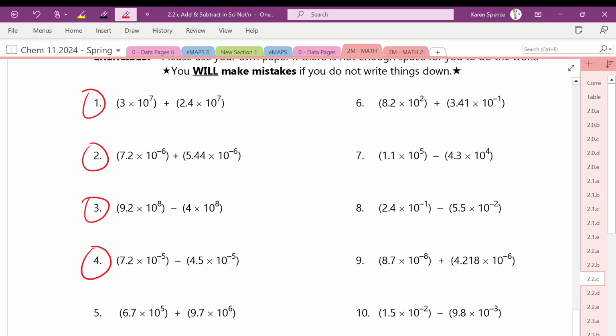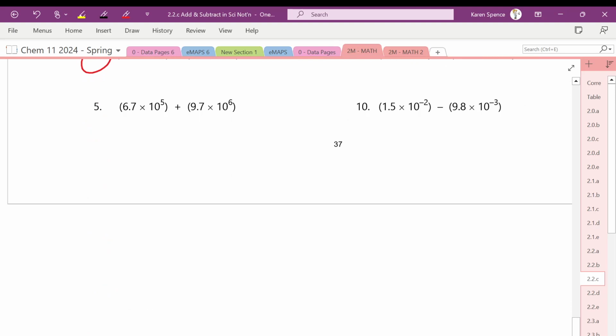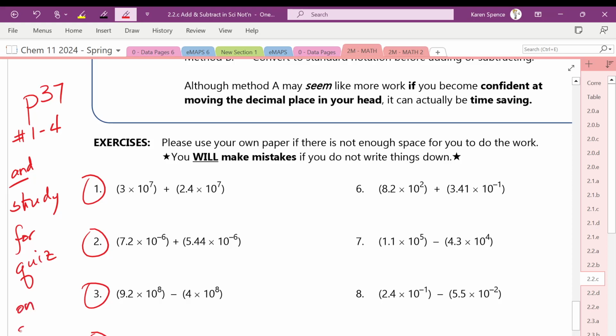So your homework, as well as to study for your test, is to do questions 1, 2, 3, and 4 on page 37. And study for the quiz on 2.1.